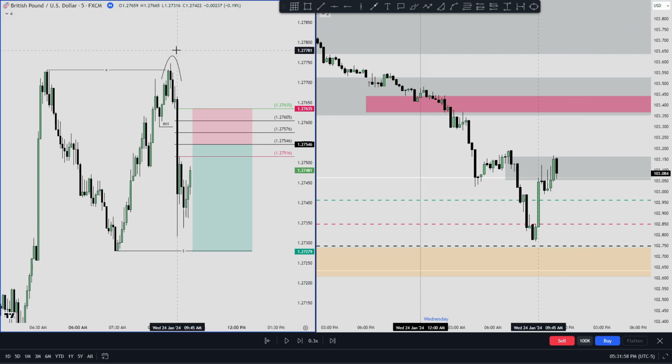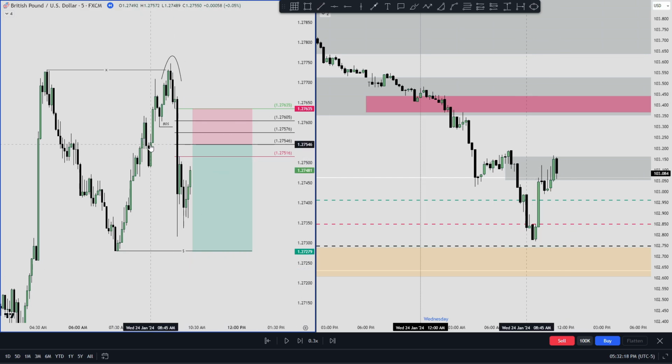So we have the narrative, swept liquidity, boom. Dollar is going higher. We have the correlation. We have the drawn liquidity, which is our narrative. Drawn liquidity here after just sweeping out liquidity, boom. We got the breaker structure. Now we got the fair value gap.